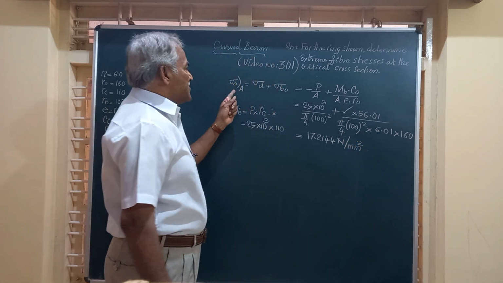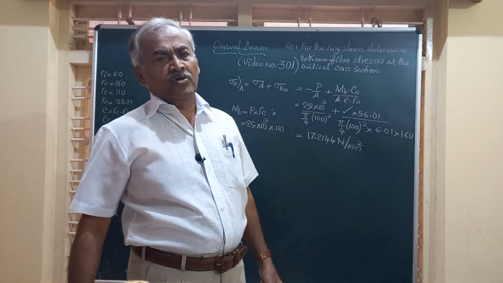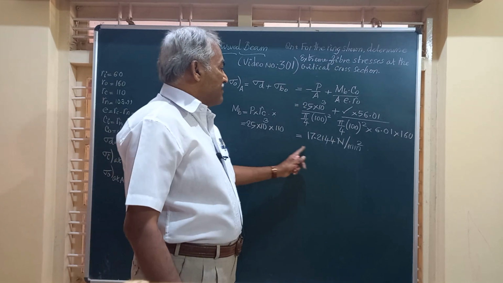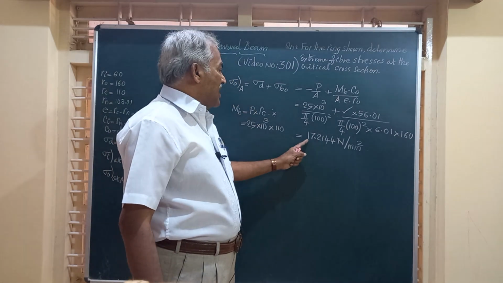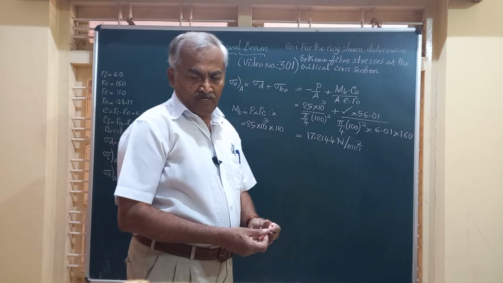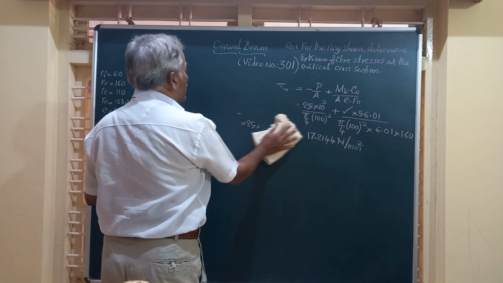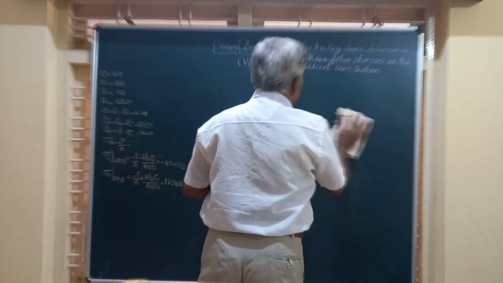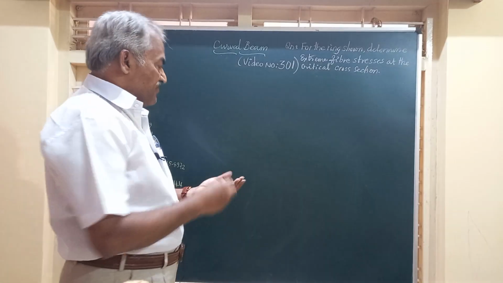Friends, you see at the outer fiber, since the fibers undergo elongation, you get a positive value of this sigma O at the outer fiber. Friends, on the same lines, let us find out what is the magnitude of stress at the inner fiber.